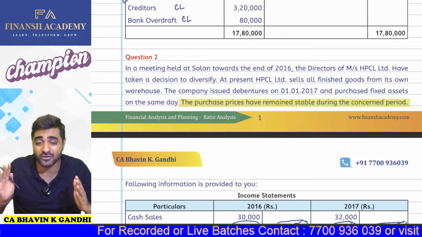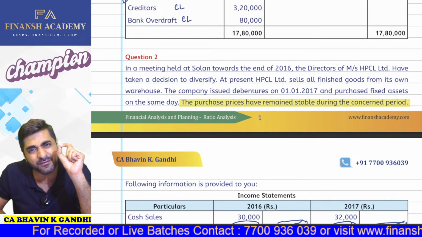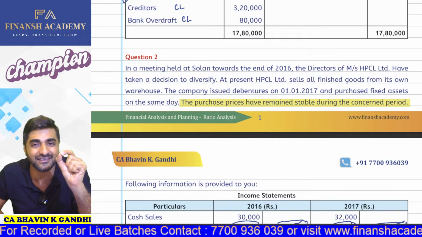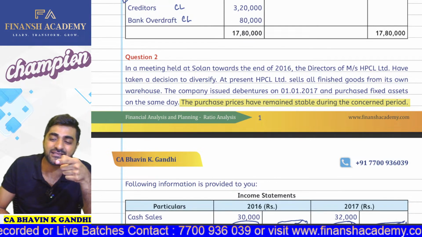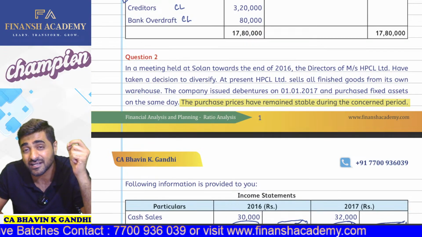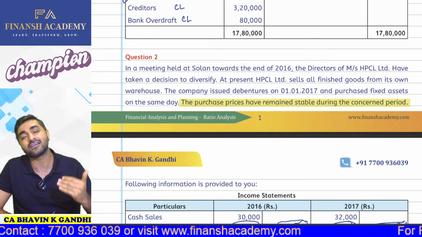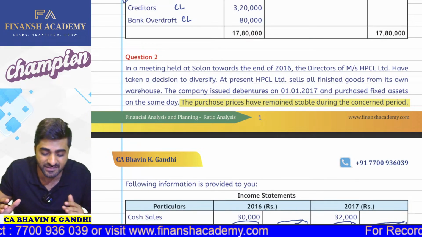So this is something, my dear students, you have to understand. Behind every piece of information which is given to you in the question, there is some logic attached behind it. The purchase prices have remained stable during the concerned period. Is there any objective? There is some logic attached behind it. Come on, yes or no? Yes. And it will help you to solve your analysis regarding why the GP has reduced.